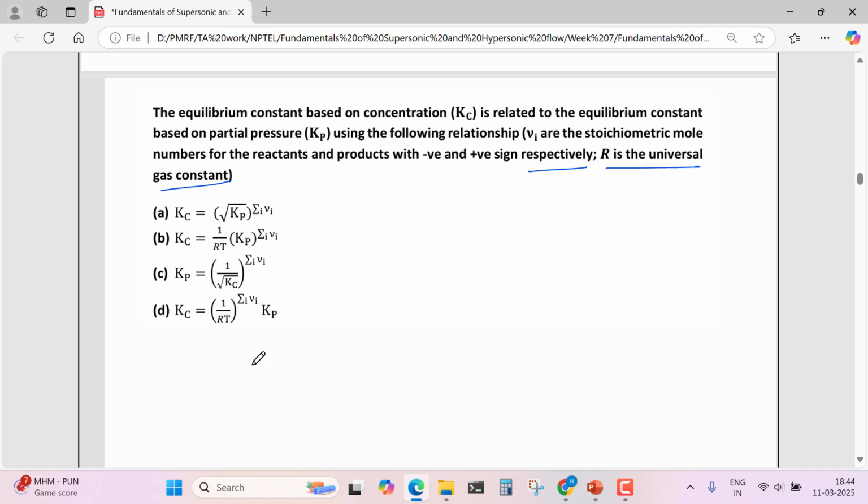So for this one, first we have to see what the chemical reaction is.